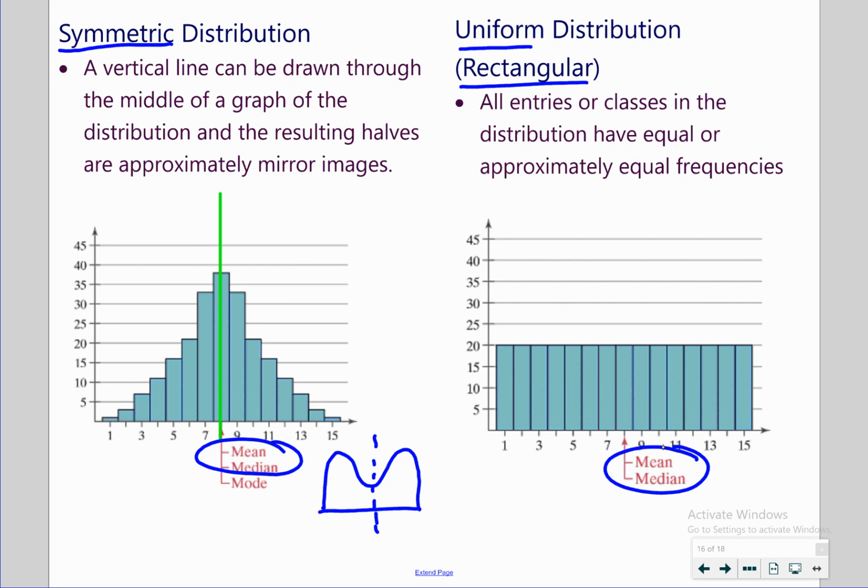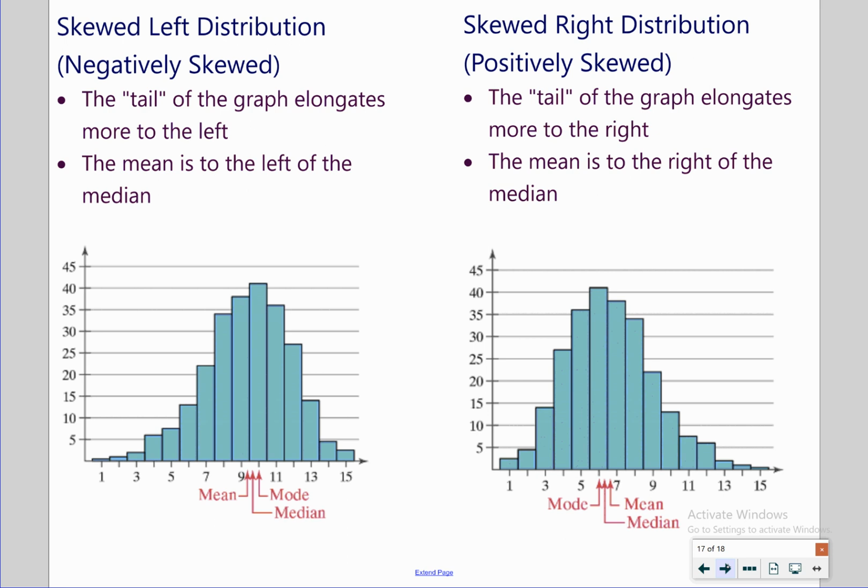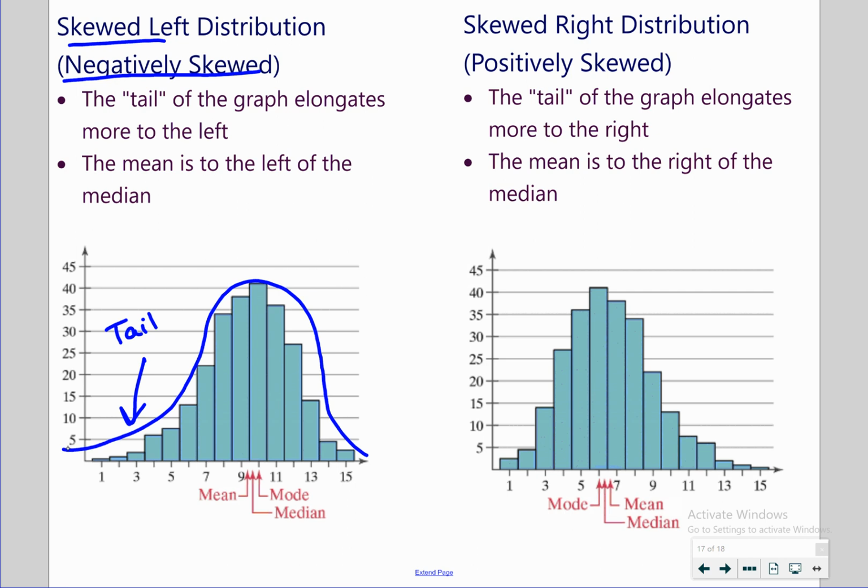The last two, and I can flip back if you need me to, are skewed left and skewed right. Skewed left is sometimes called negatively skewed. We're going to talk in this class about tails on graphs. A tail on a graph is like an extra little end that goes either to the left or to the right.